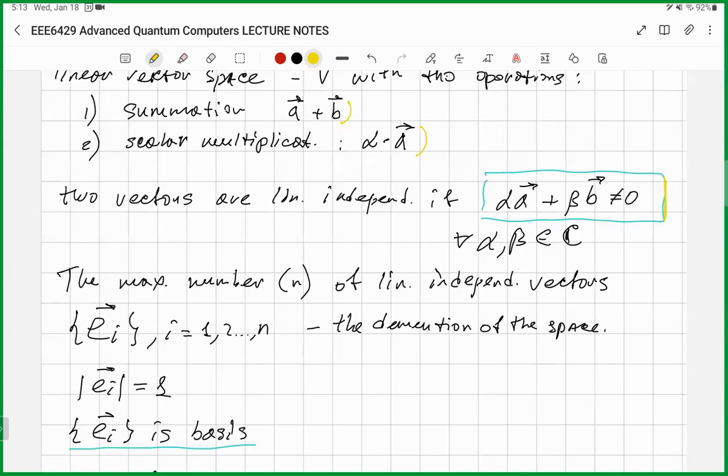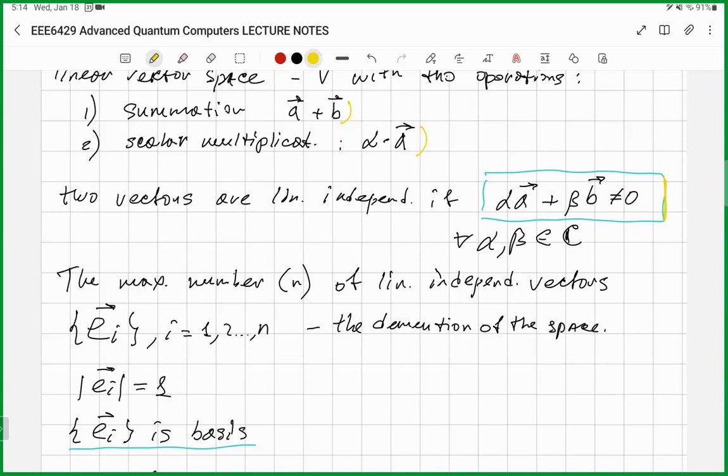If this expression is equal to 0 for some particular alpha and beta, then the vectors A and B are dependent. So simply put, this linear independency says that for our space, we can find a number of vectors that cannot be expressed in a combination of other vectors.